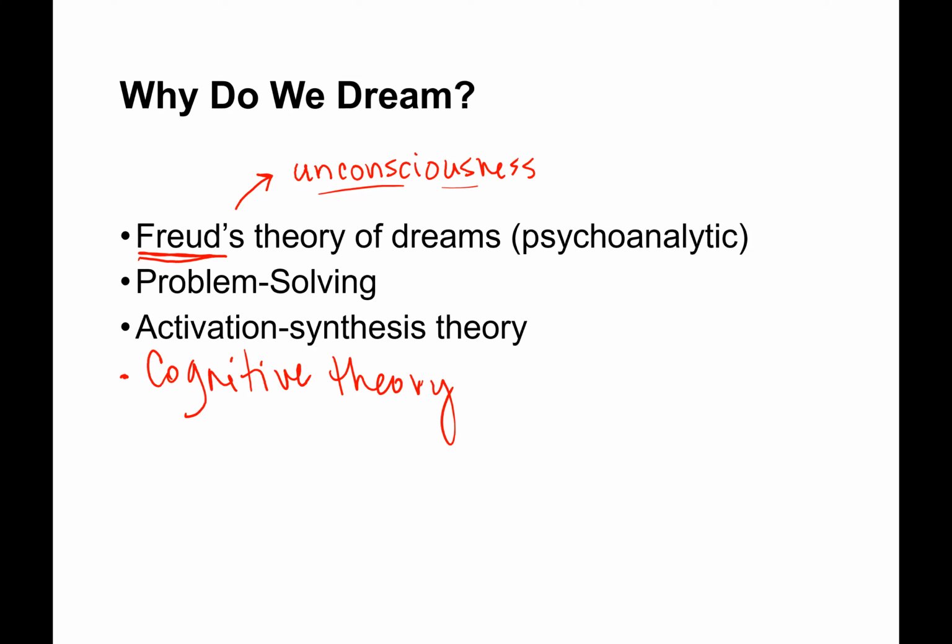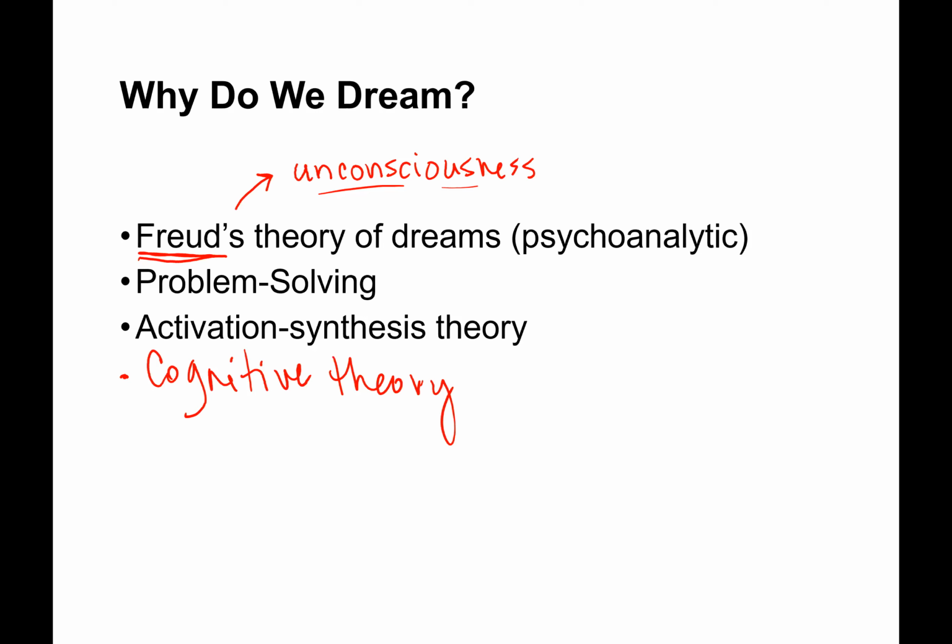Putting it all together, when we think about activation synthesis, dreaming results or comes from the cortical synthesis, right? So it's that analysis and interpretation of all those neural signals, right? Those electrical signals that are triggered by activity in the lower part of the brain. Okay.